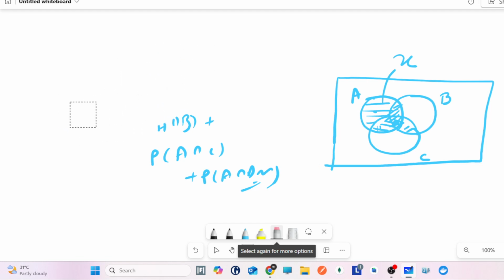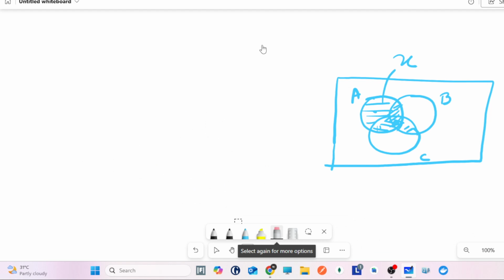So the concept is the same as for two sample spaces. So what is the formulation? Let me write the exact formula. Just like A intersection B, let's write it in the form of union. Because the previous formula is also written in union form, let's write this one in union form as well.